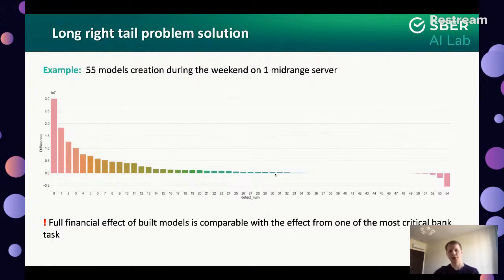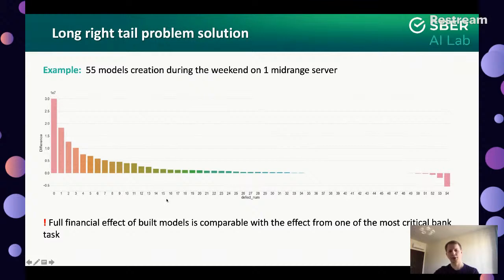So here we have an example. We built 55 models during one weekend on the same mid-range server, like 20 or 30 cores of CPU and like 200 gigabytes of RAM.